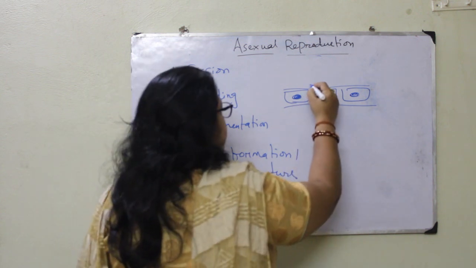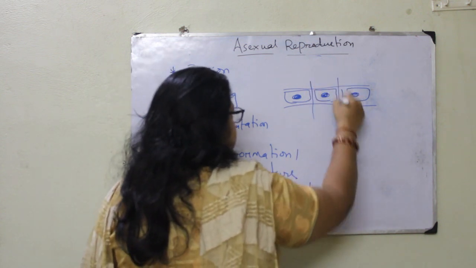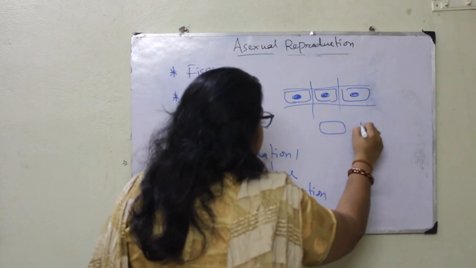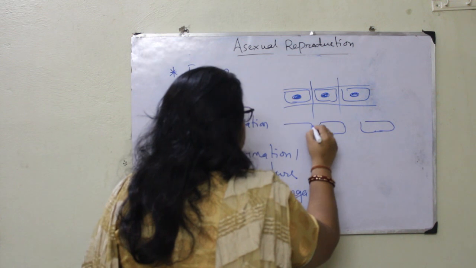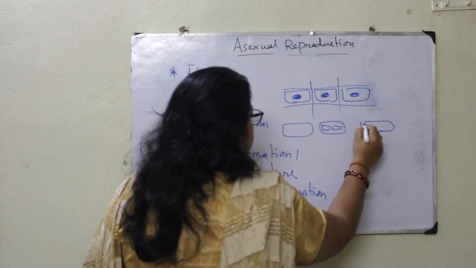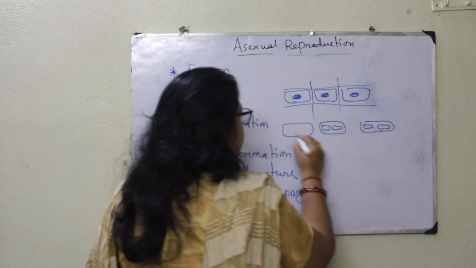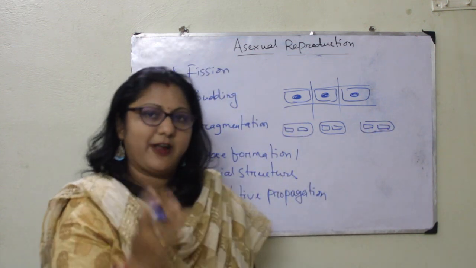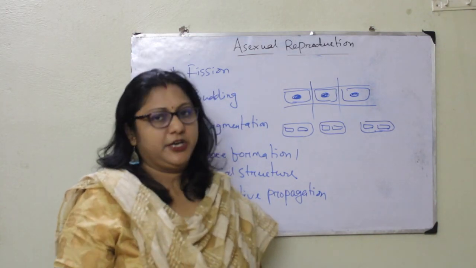If the mature Spirogyra is broken into pieces, each piece will develop into a new organism. It will again develop into a new Spirogyra. Okay? So each of the fragments can develop into a new individual.